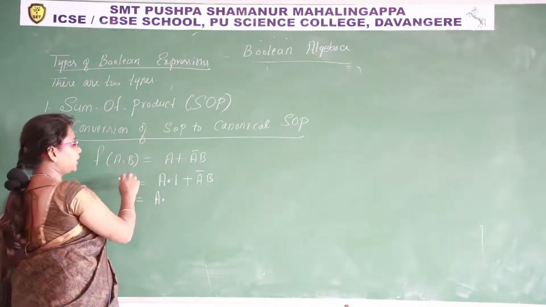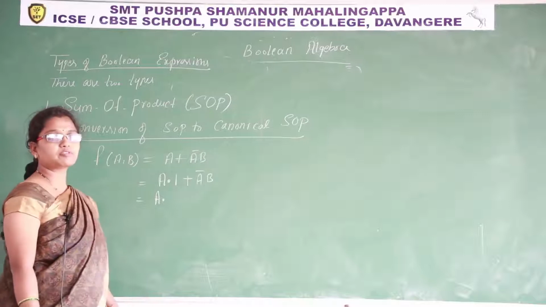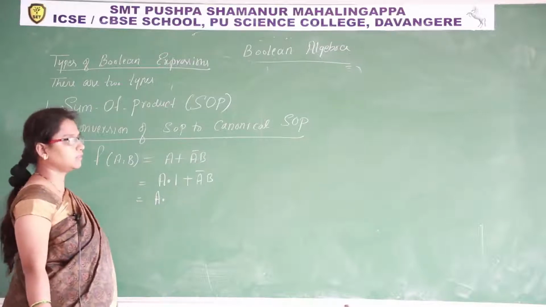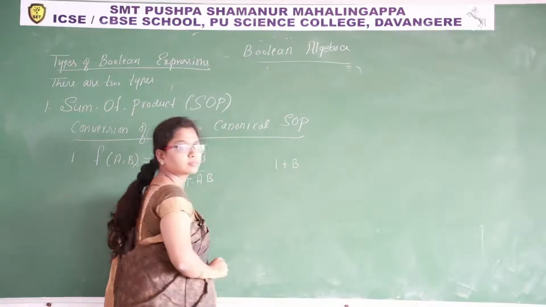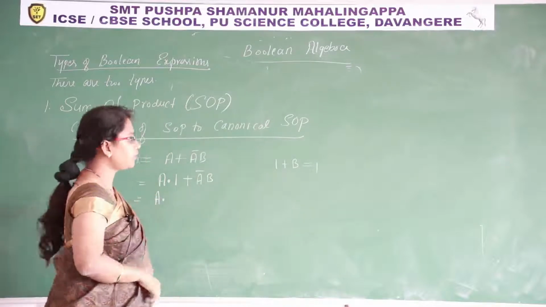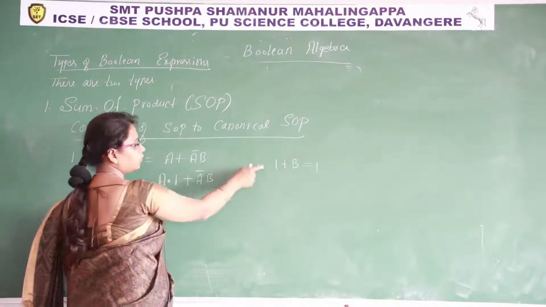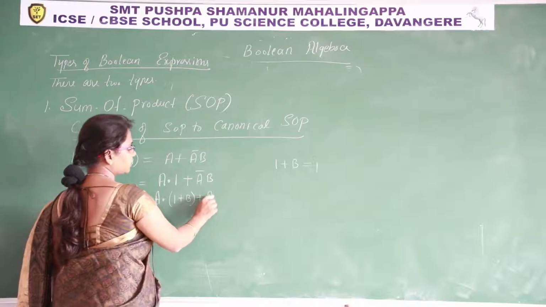Which is the missing variable here? B. How to write an expression in terms of b so that it gives 1? Can we write 1 plus b? 1 plus b is equal to 1, no? If I replace 1 by 1 plus b, what happens? Let us see. a into 1 plus b plus a bar b.